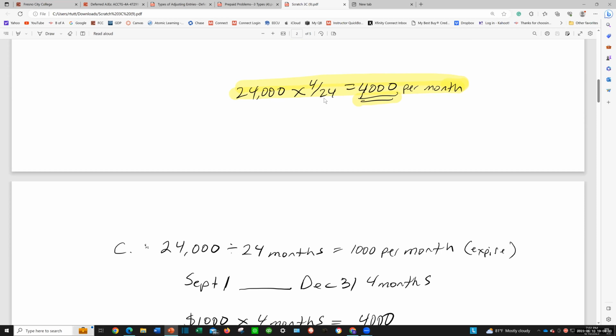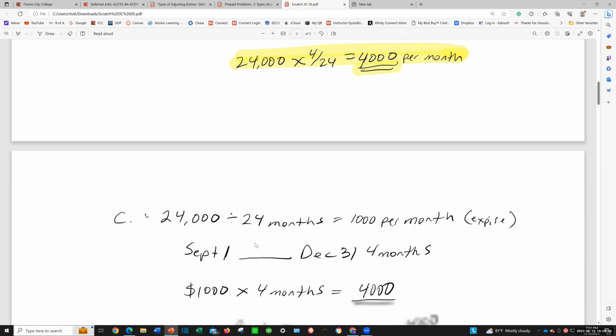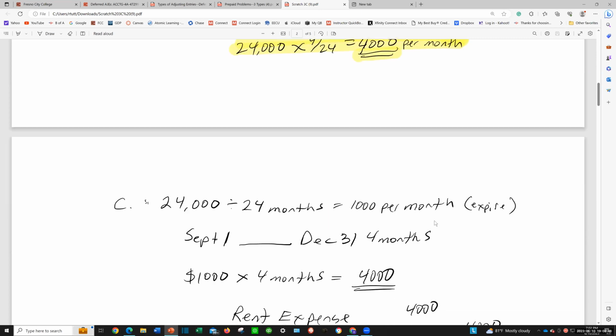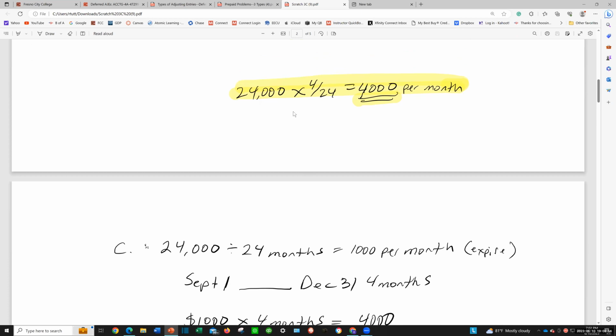So basically just go 24,000 times 4 divided by 24, which gives you 4,000. See how much easier that is than this two-step process, where you find out per month and then multiply that by the months. Here, it's just 24,000 times 4 divided by 24. It's the same amount.